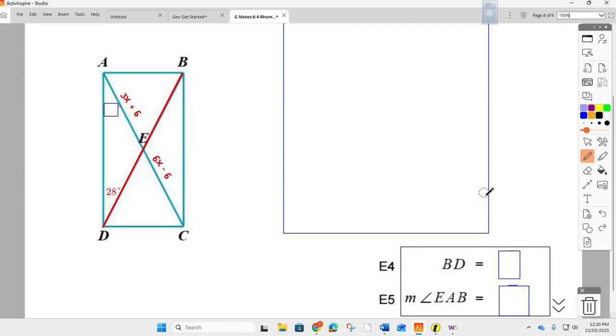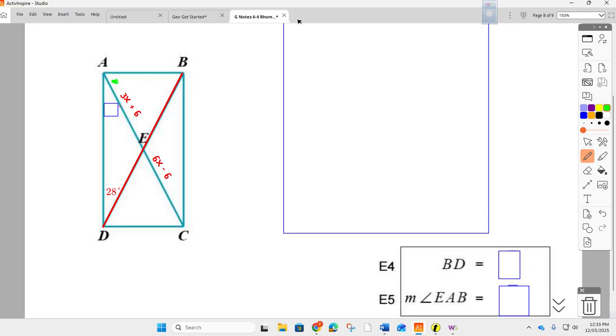They want us to find the length of BD, so this red line, and they want us to find the measure of angle EAB, so right here. I'm just going to mark it with a dot. Does that make sense? Okay.